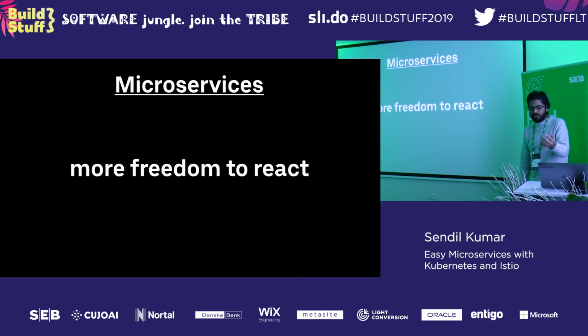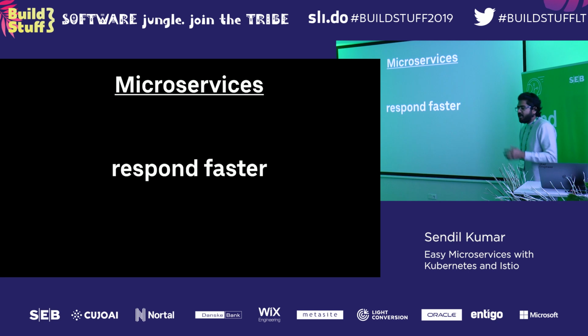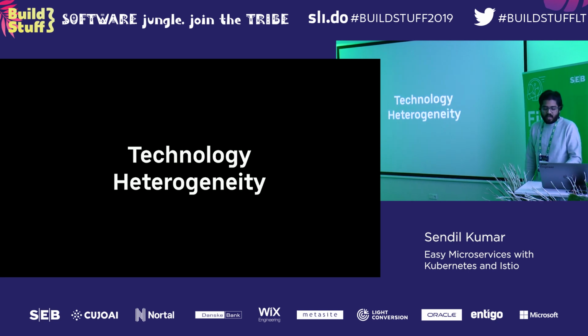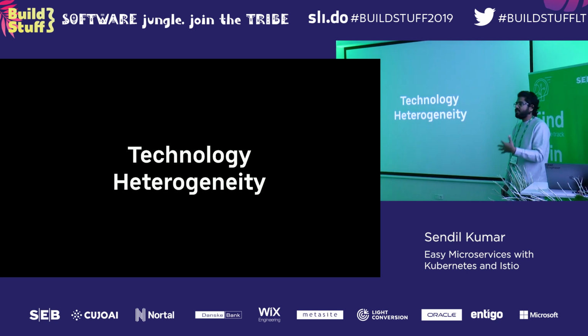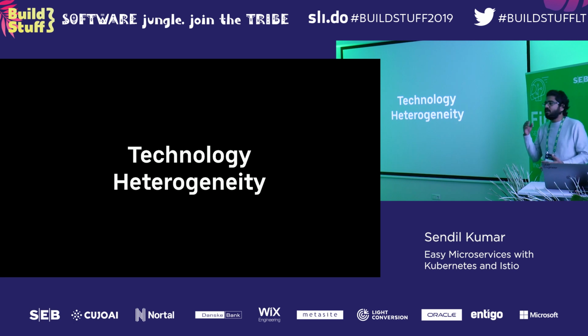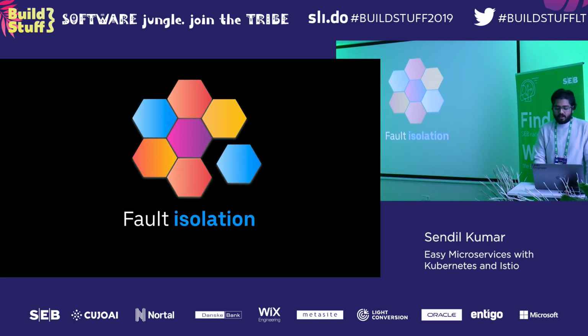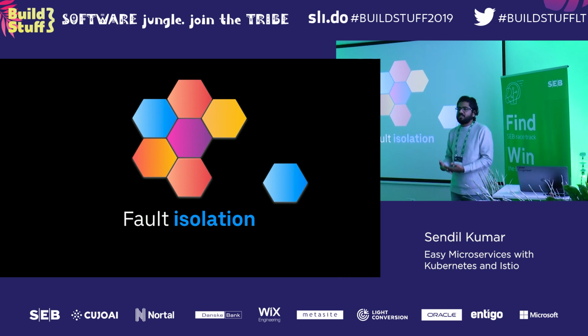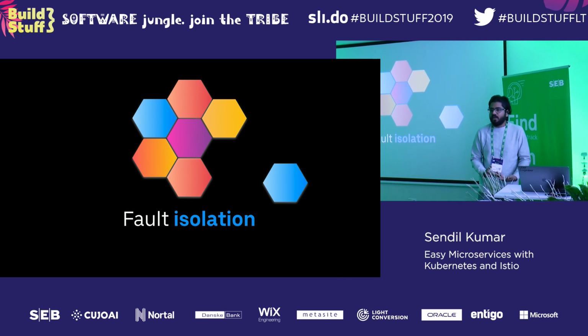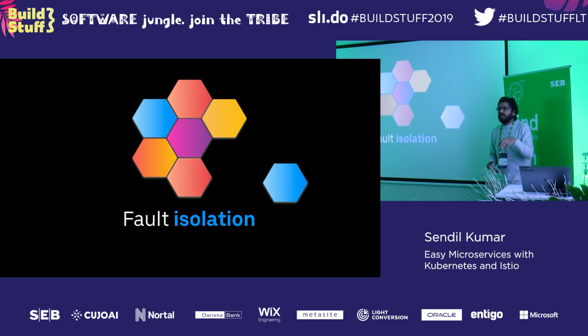Isolation is a key principle here. And it also makes you respond faster. And technology heterogeneity, which is like you can have multiple technologies. You can make a choice of technologies that you want to run based on the solution that you're going to give. And one of the main things for me is the fault isolation that microservices give, the resiliency that microservices talk about. In a monolith, if a problem occurs inside your application, everything runs inside the application, so your entire application will have an impact.